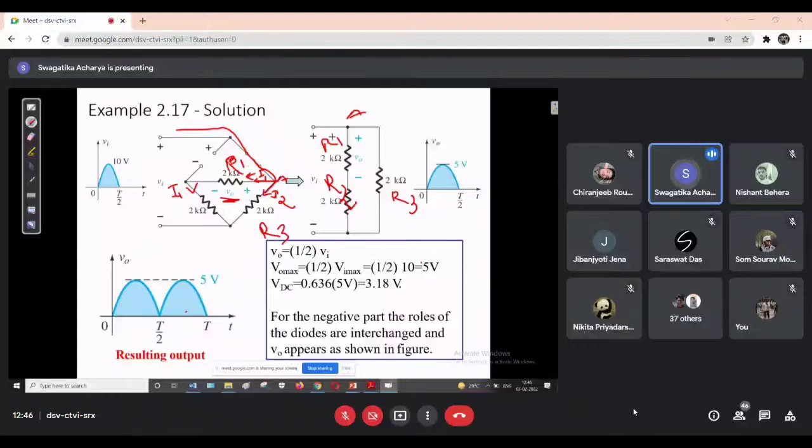So VI, then minus VR1, then minus VR2: yes or no? By using this KVL you can find out your V0 value. R1, R2, R3 all are having the same values. So V0 you can say is 1 by 2 VI.